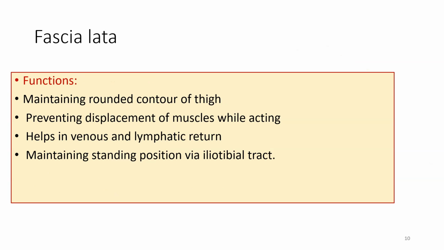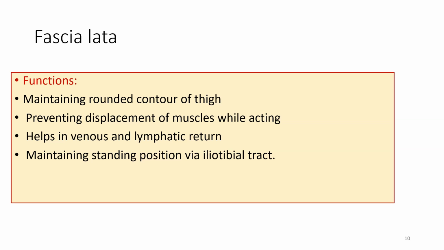So what are the functions of the fascia lata? The fascia lata is maintaining the rounded contour of the thigh. It's a tight sleeve, and it is preventing displacement of muscles while acting, because it is tightly adherent.